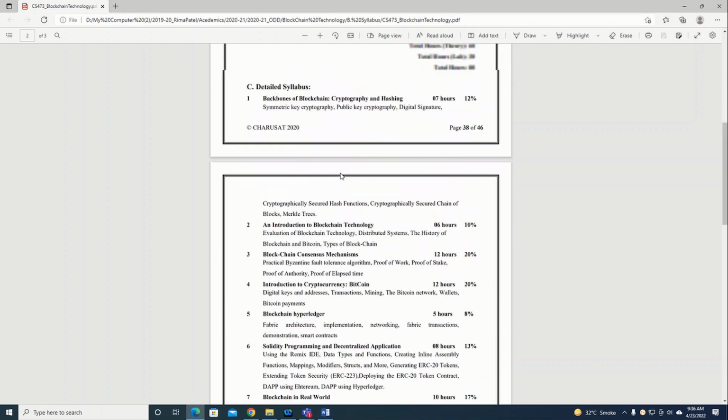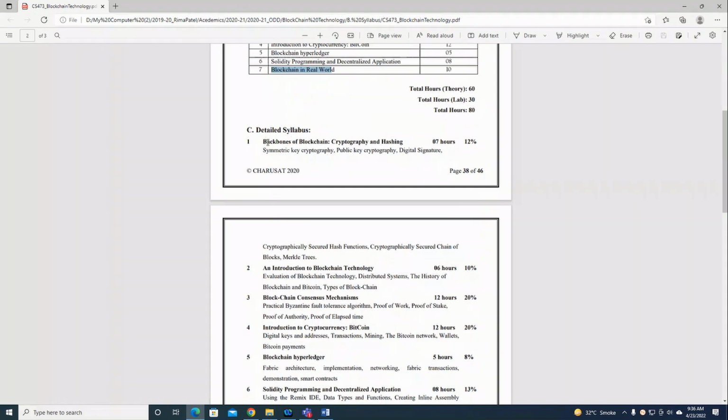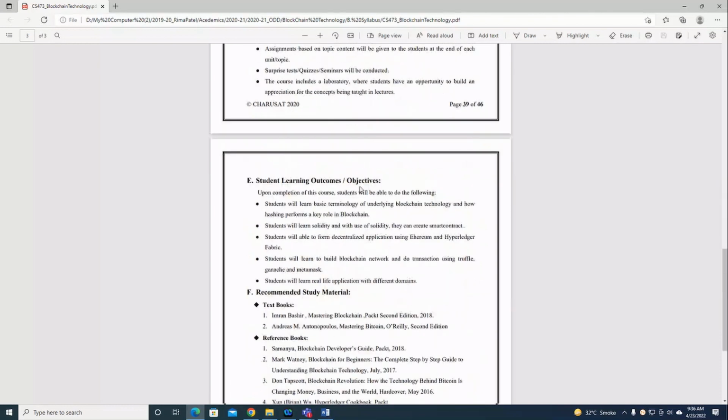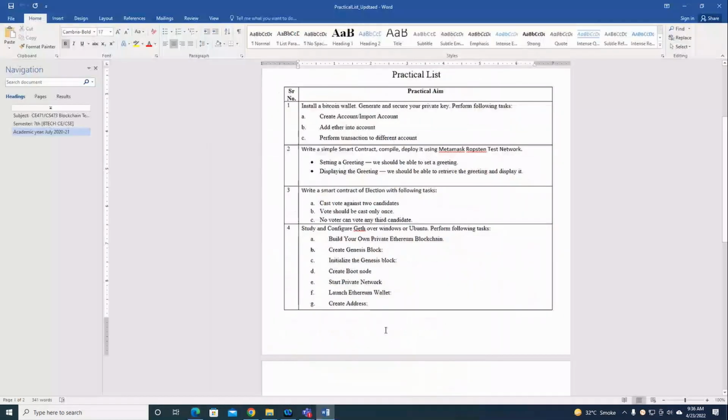The detailed syllabus we are not going to discuss right now, this is just the overview. Talking about the practicals, we'll have the practical of Bitcoin wallet, MetaMask. Then we are going to develop the dApp, and have one practical of Hyperledger.